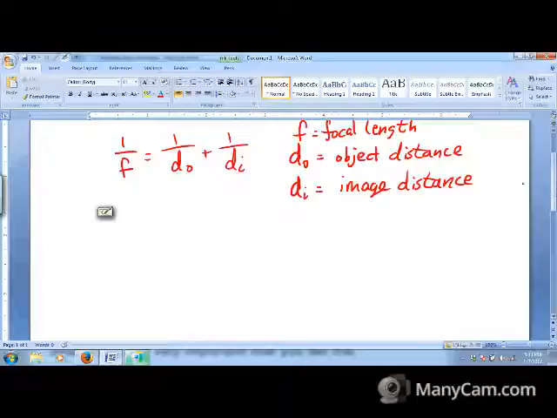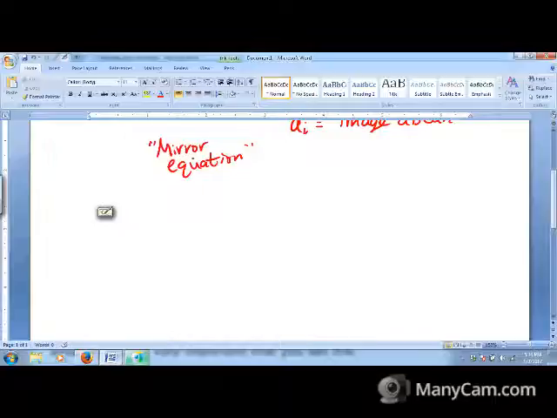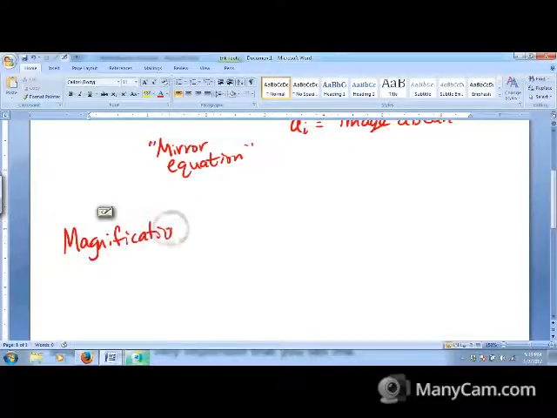The second equation is more commonly known as the mirror equation. Actually, the second equation is part of the mirror equation. In fact, you use this to derive the mirror equation, but we call this the magnification equation.